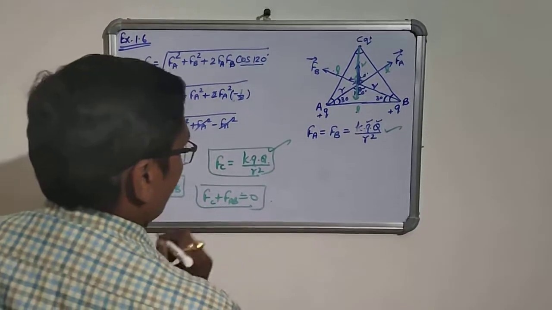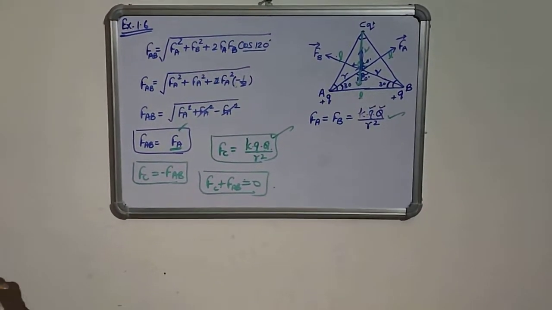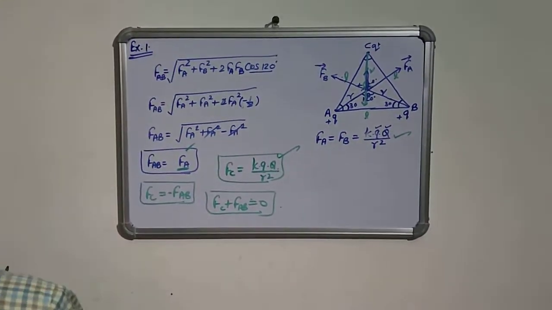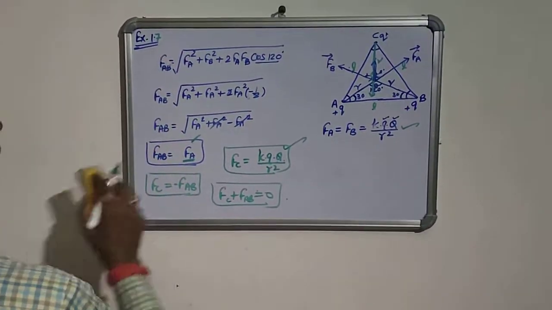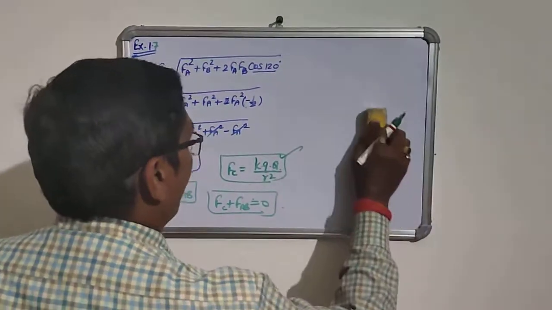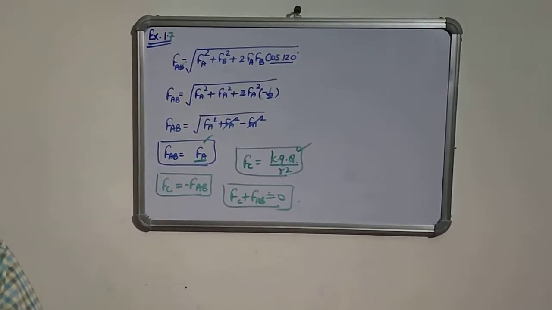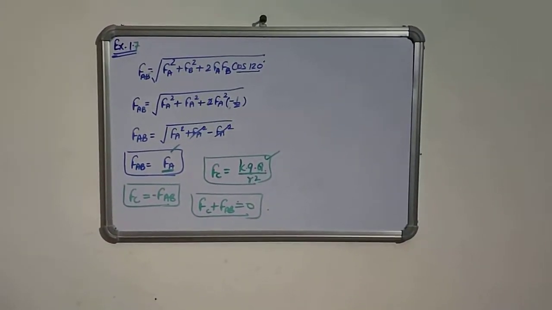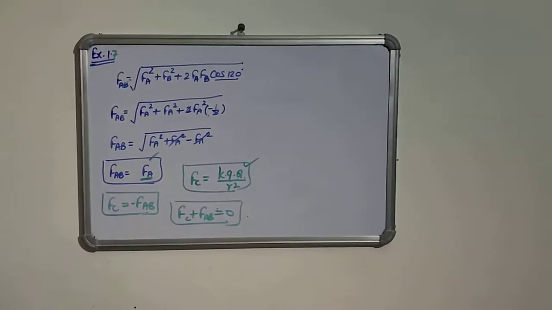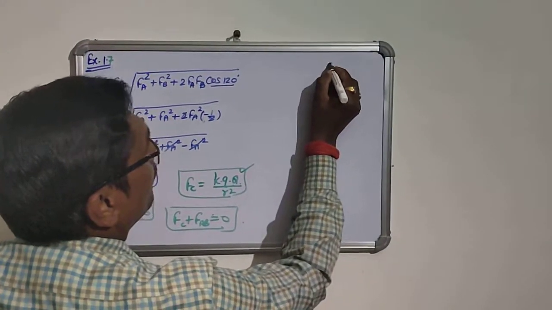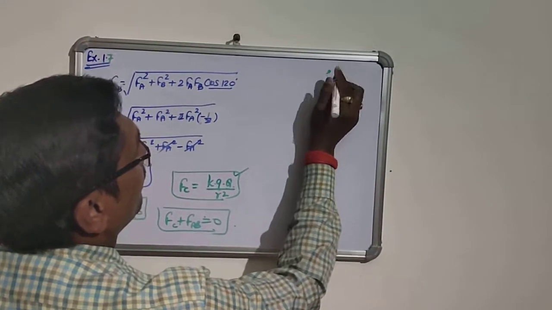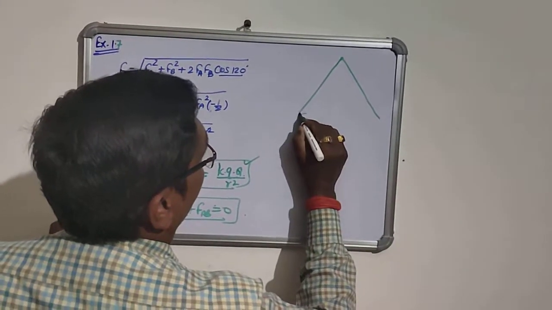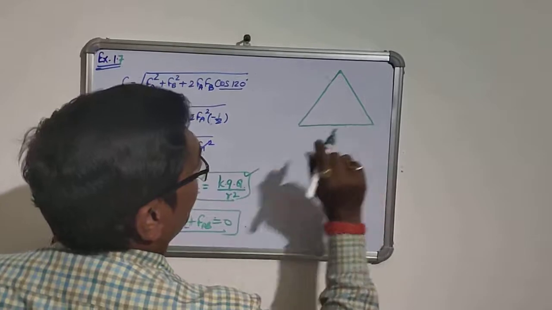Okay, now we discuss the next example of NCERT, 1.7. According to this question, find the resultant force on the charges. Similarly, three charges are here at an equilateral triangle.